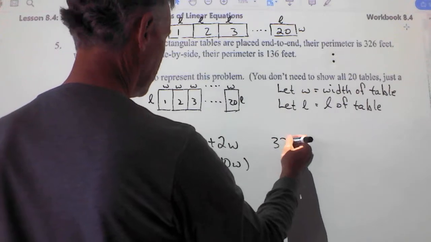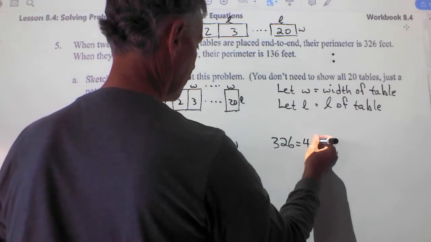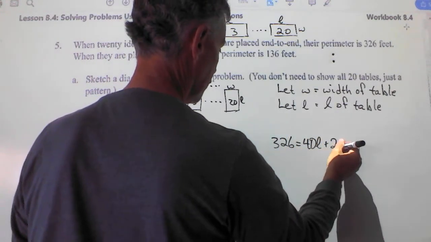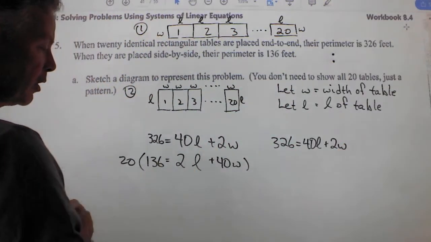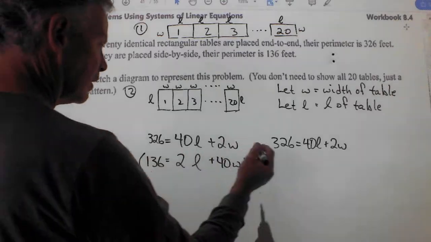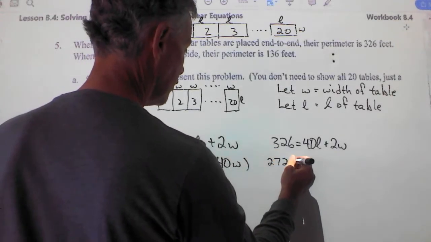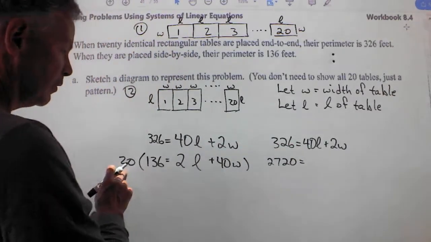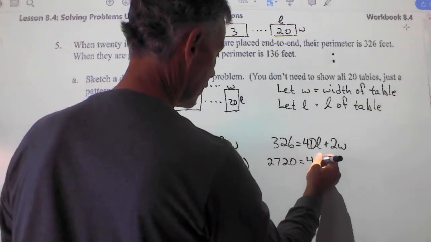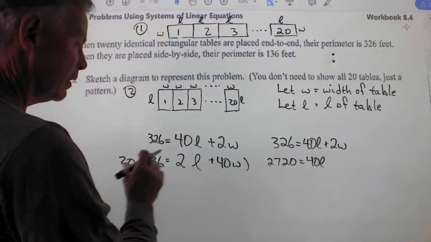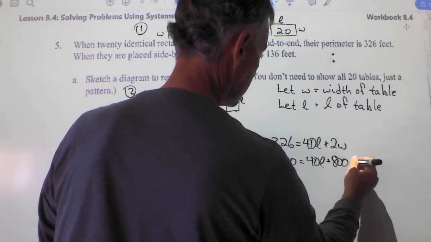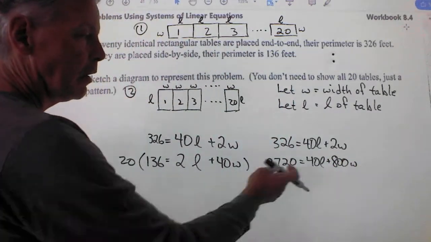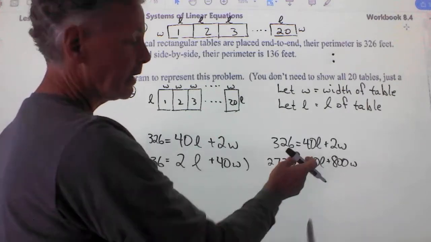So our 326 equals 40L plus 2W. I'll just rewrite. This one, when we do the multiplication, we get 2720 equals 20 times 2 is 40L. 20 times 40 is 800W. We've made the coefficient of length the same.